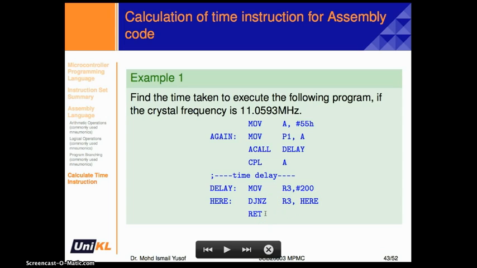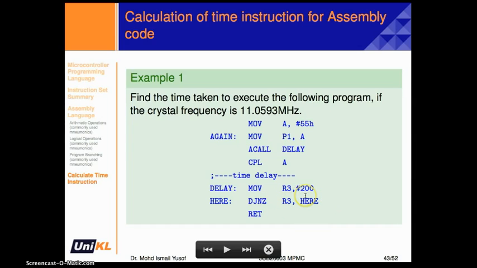What does this line do? MOV R3, #200 copies the decimal value 200 into R3. Now the value inside register R3 is 200. DJNZ R3, HERE decrements the value of register R3, and if it is not 0, it will go to the label which is here.